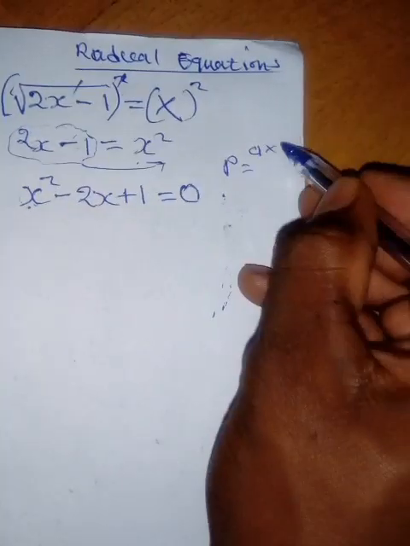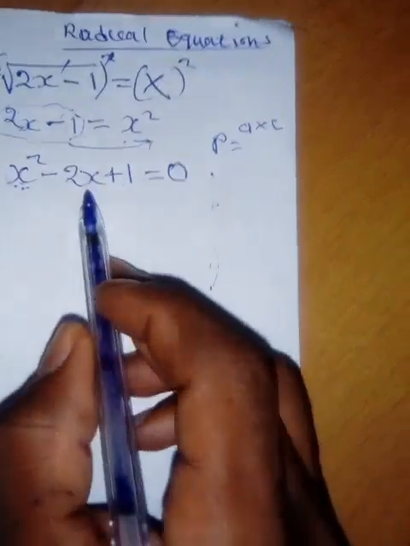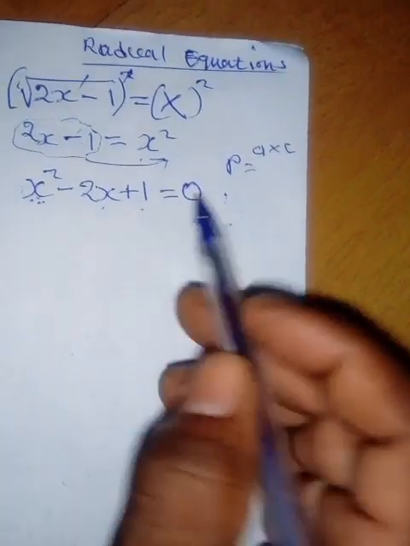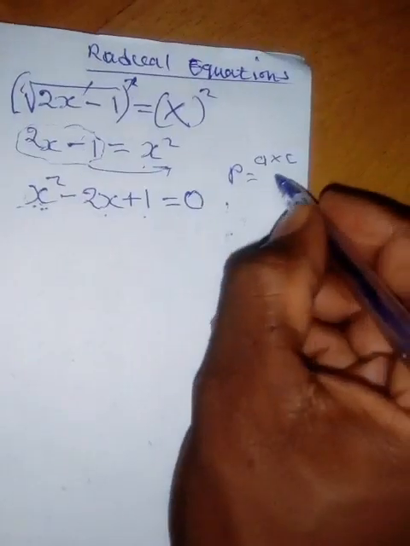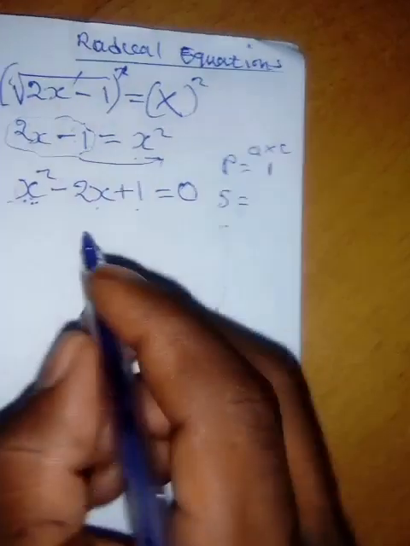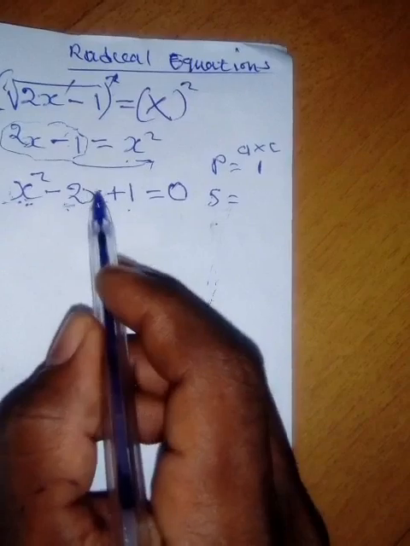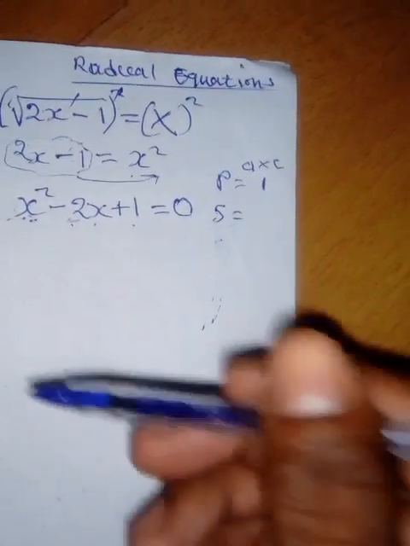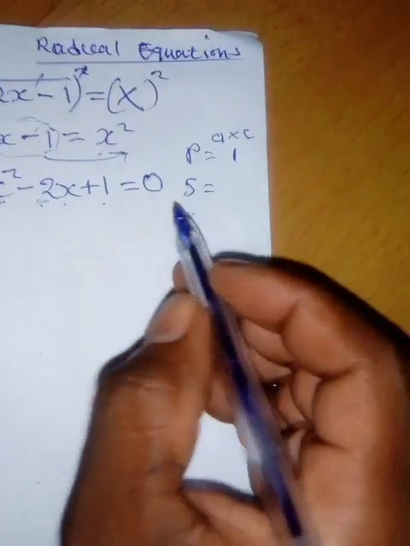Our a is this one, our b is this one, our c is this one. Here we have 1 and there we have 1, so our product is positive 1. Our sum is the value of b, the coefficient of x raised to power 1, so we have negative 2.